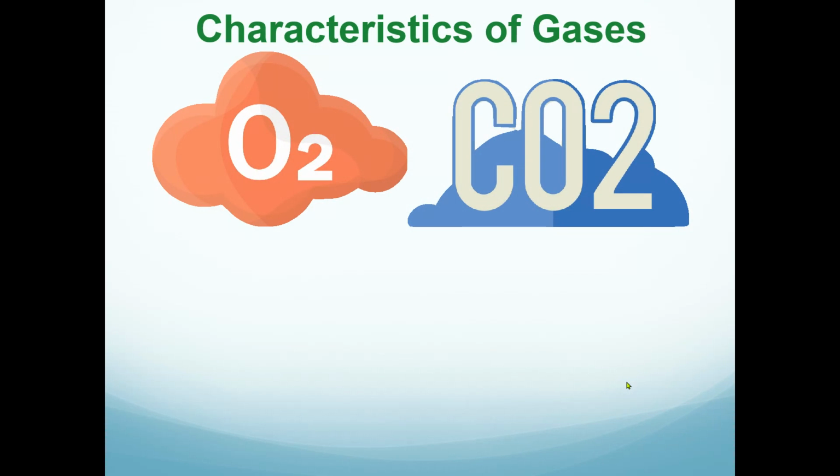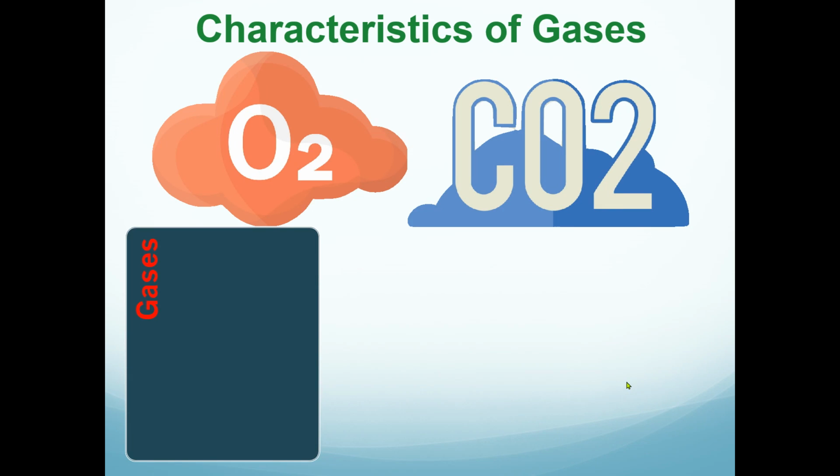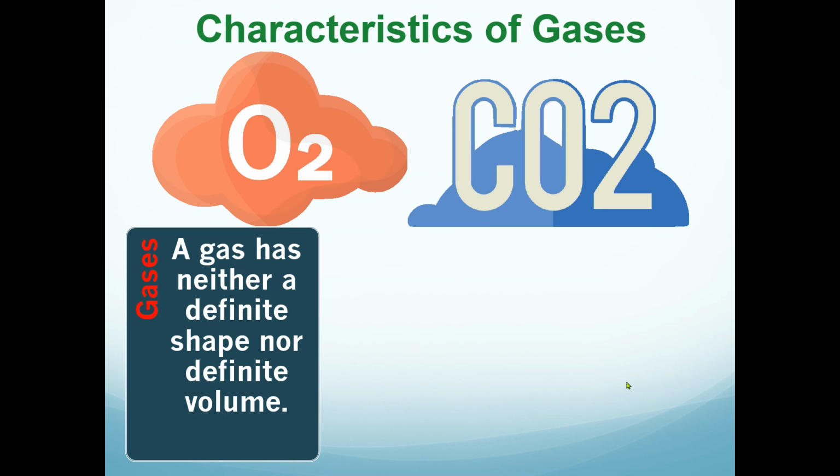All right. So let's talk about gases. Gases, we're talking oxygen, carbon dioxide, helium, hydrogen. Gases have three characteristics. Gases have neither a definite shape nor a definite volume because they spread out. Remember, volume is the three-dimensional space that they take up.